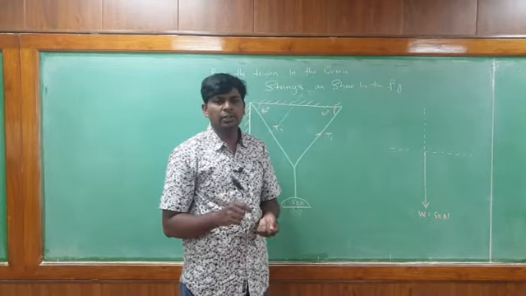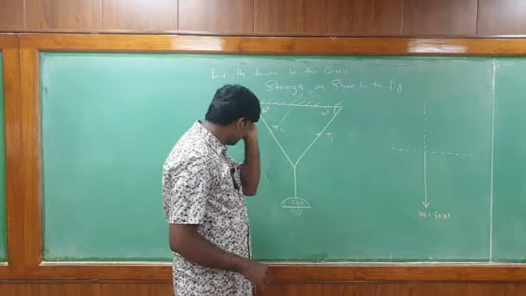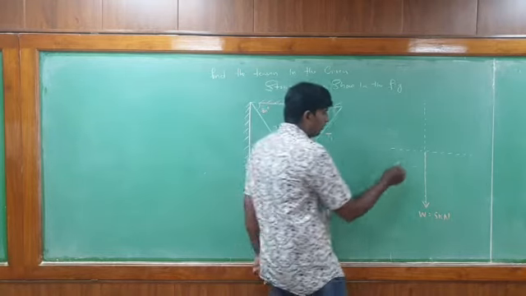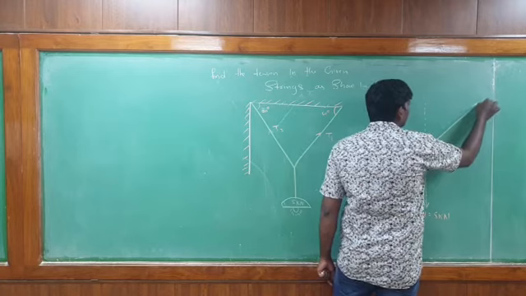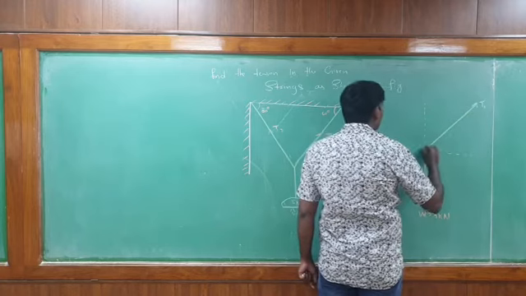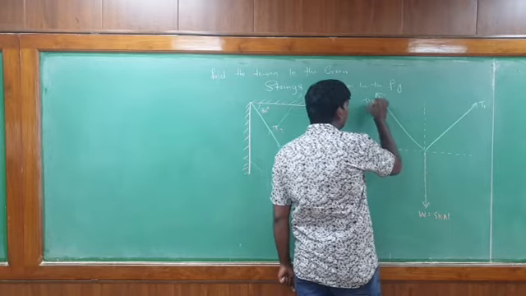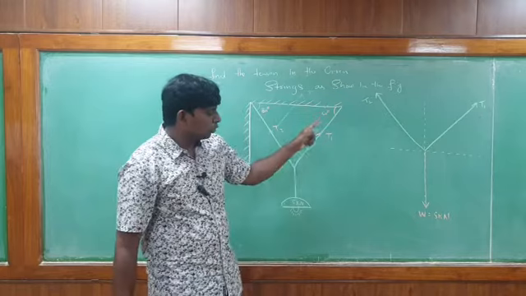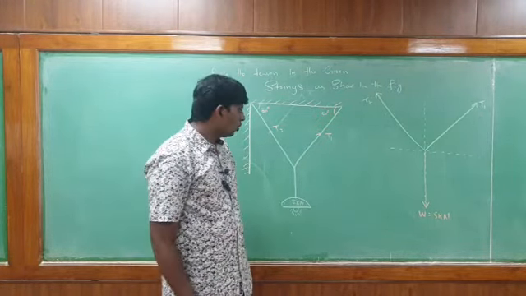After that, T1 and T2 you have to project. T1 is lying in the first quadrant, and T2 is lying in the second quadrant. So you have T1, T2 and W equal to 5 kilonewton.